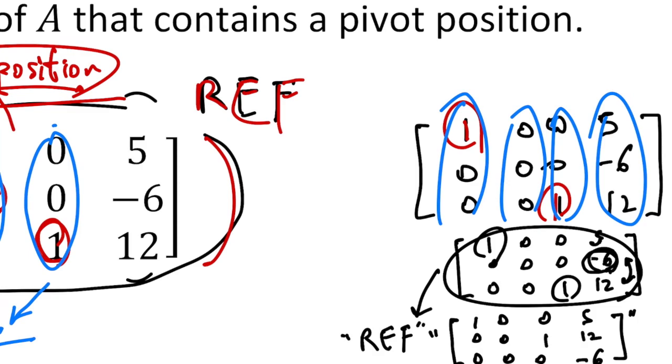So this is the reduced echelon form, right? Okay. In this case, what is the pivot position? So pivot position should be here, right? Then what is the pivot column in this example? So these two columns should be pivot columns. Okay.